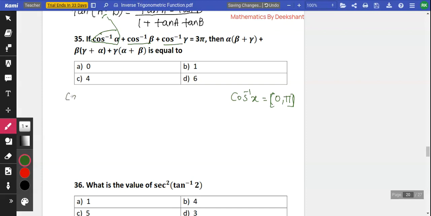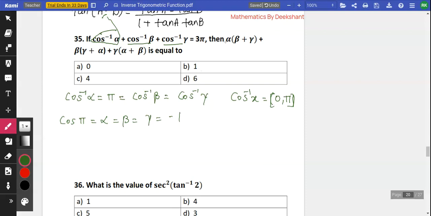So we suppose cos inverse alpha is equal to pi, cos inverse beta is equal to pi, cos inverse gamma is equal to pi. Therefore cos pi is equal to alpha, beta, gamma, equal to minus 1.